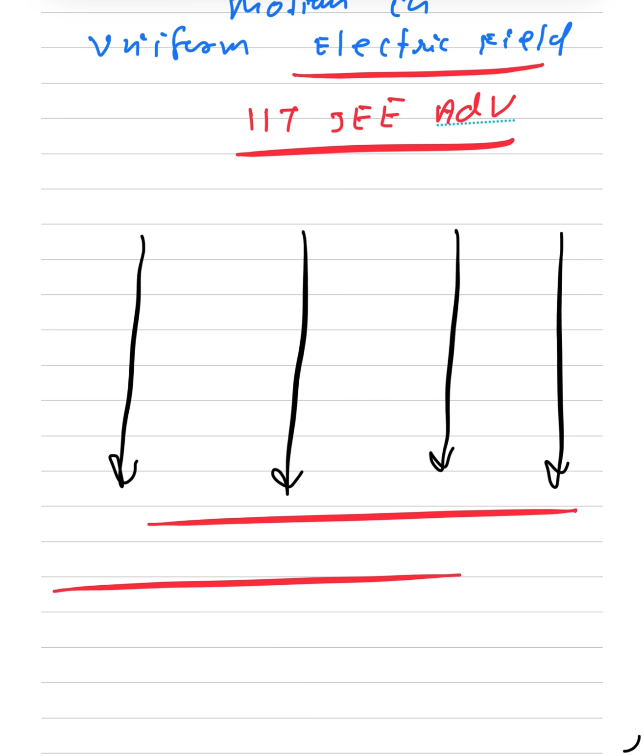and the direction of the electric field is vertically downward, and this is a uniformly charged plate with negative charge. The uniform electric field E is vertically downward, and a charged particle is projected in the uniform electric field.